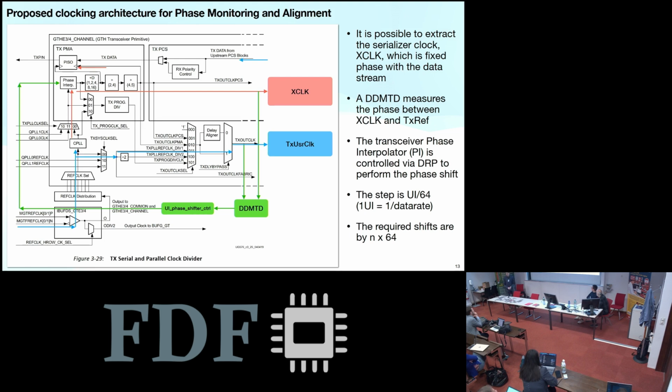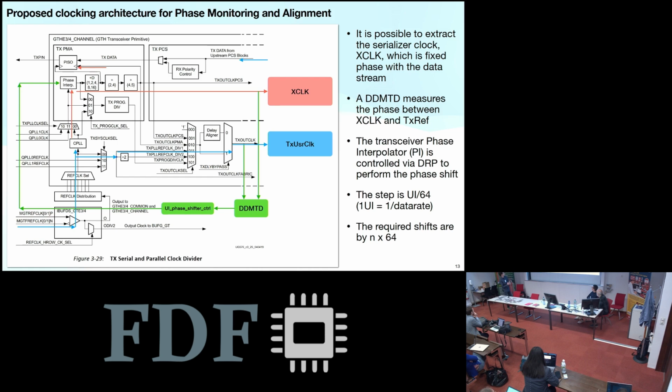So how to do the phase shift? Xilinx transceivers provide a device called a phase interpolator. So this is a phase shifter that can be controlled from outside. And it has a step of 1 UI divided by 64. The UI is the duration of 1 bit in the fast stream.